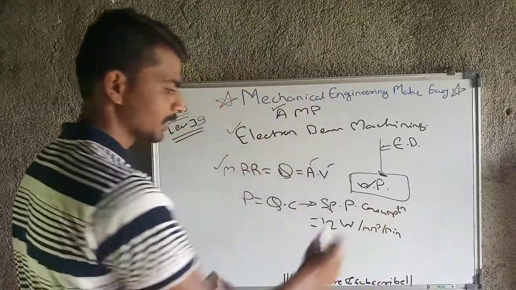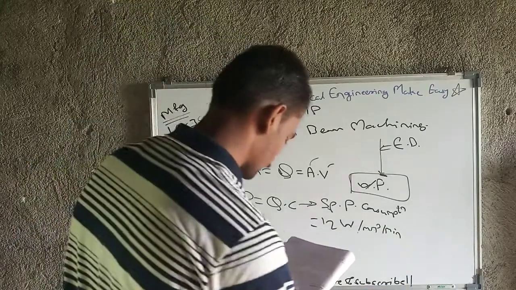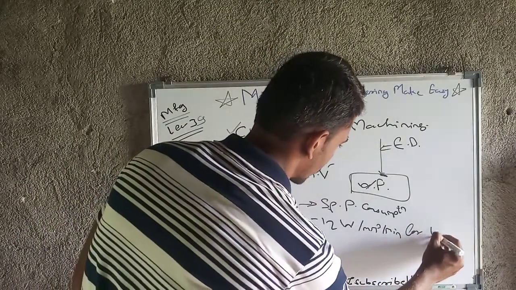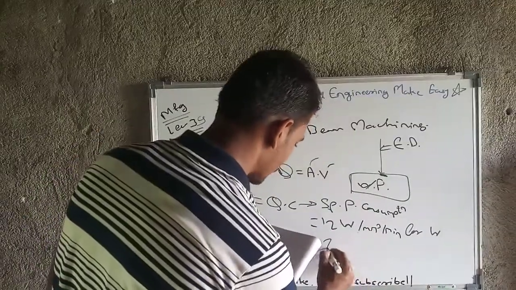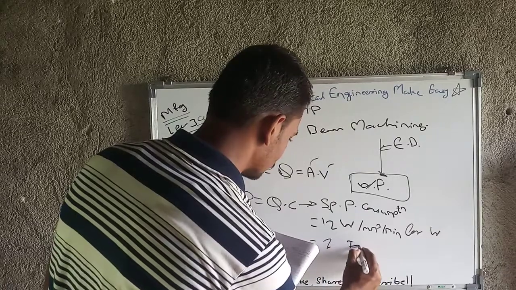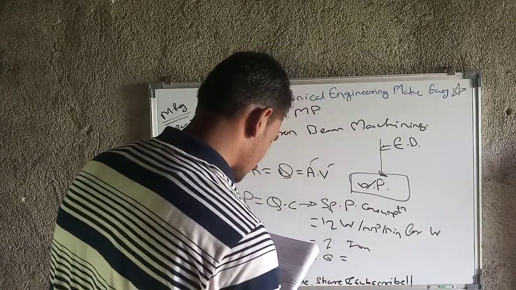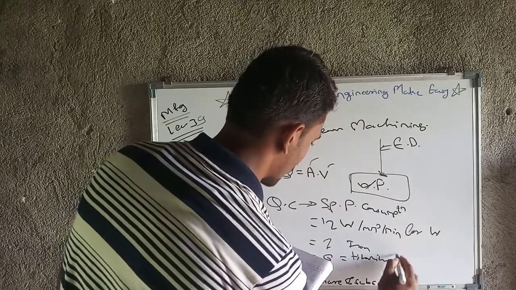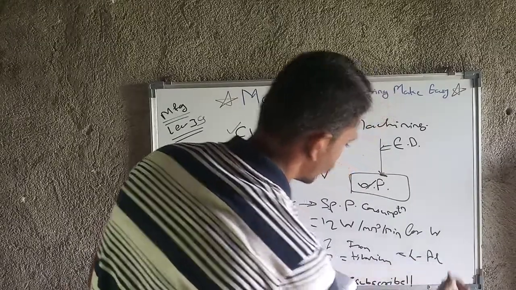As this is specific power, the unit will be watt per mm cube per minute. 12 is the value for tungsten, then 7 is the value for iron, then 6 is for titanium, and another value is 4, which is for aluminum.